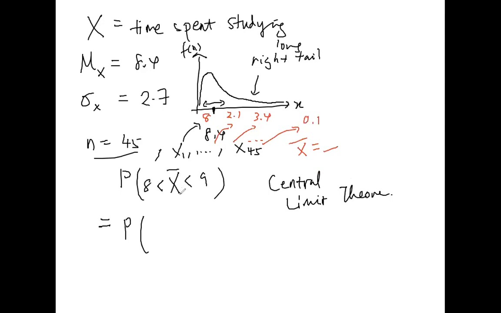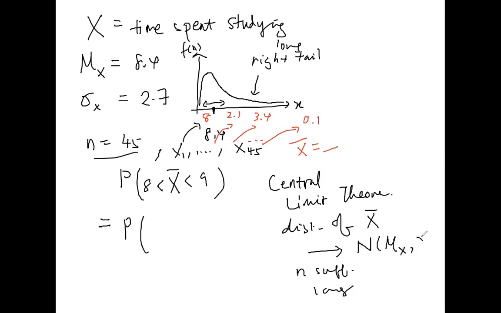It doesn't matter whether your X is skewed, because the central limit theorem guarantees that when the sample size is sufficiently large, the distribution of your sample mean converges to the normal distribution, with the mean of X itself and the variance of X divided by n.